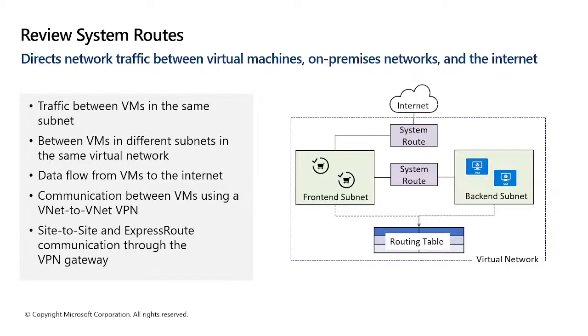Data flow from VMs to the internet is just a direct connection. There is a route already, communication between VMs using a VNet to VNet VPN, VNet to VNet peering. There's a communication already, site to site VPN or ExpressRoute communication to VPN gateway.